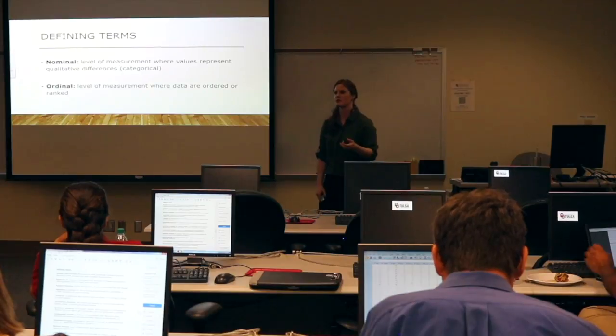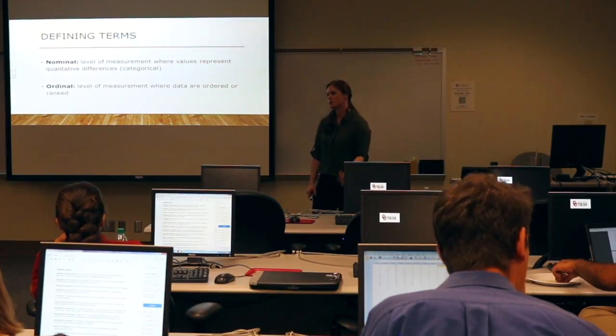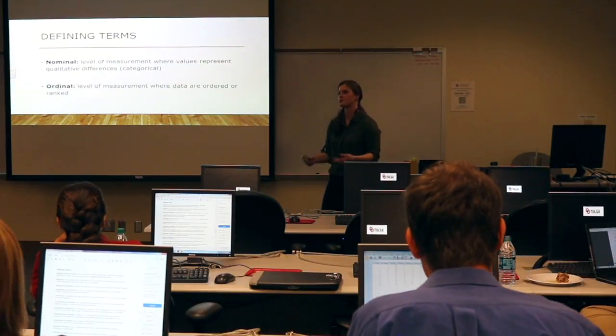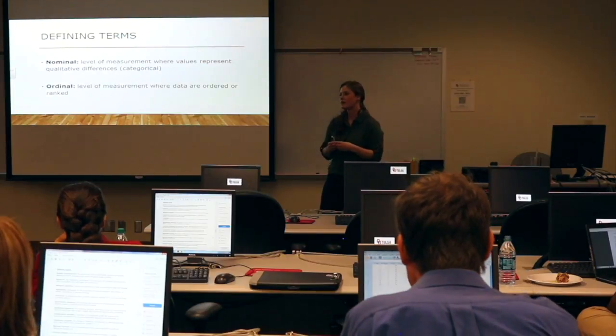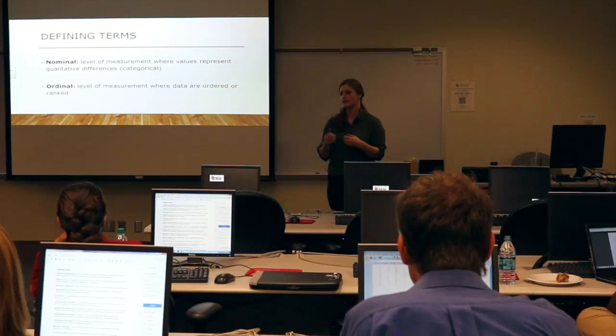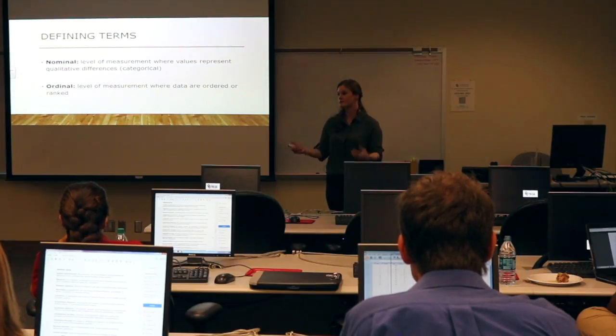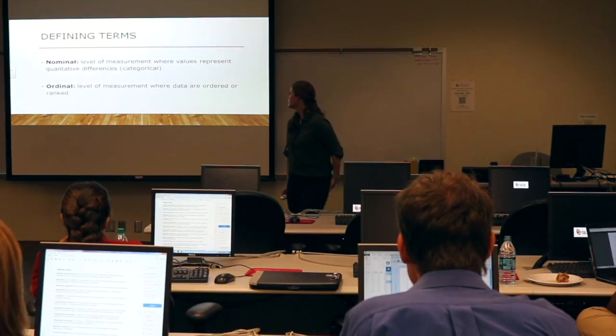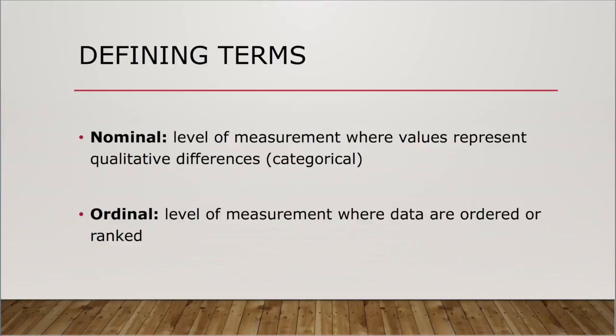An example would be eye color or race or ethnicity, where the numerical value is really a placeholder for the qualitative difference in the variable. And then the ordinal level is where the data are ordered or ranked, so first, second, and third, or high, medium, and low, that kind of thing.